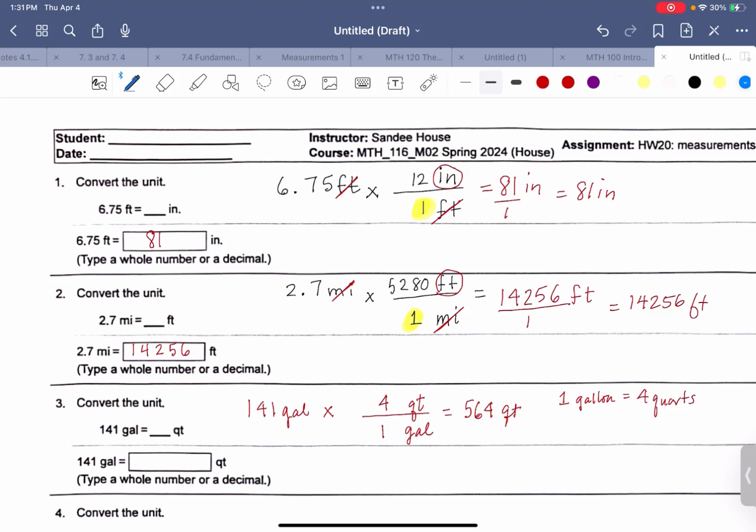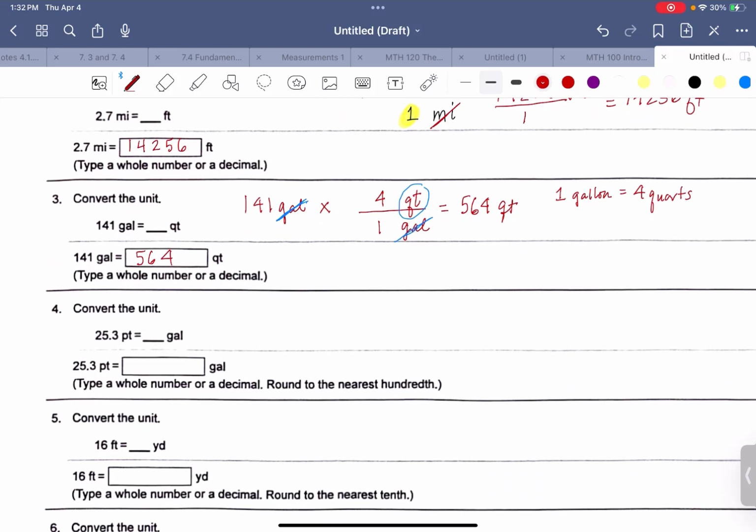Now be sure that of the units you're trying to remove, one's on the top and the other's on the bottom, and the one you want to end up with needs to be on the top. So this answer is 564 quarts.